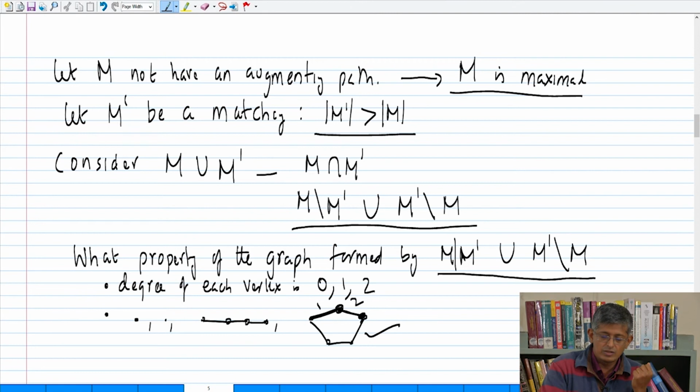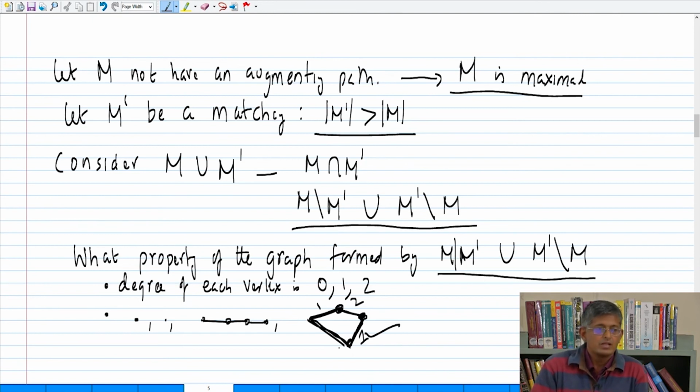So, this vertex is matched to this vertex by this edge in the first matching only, not in the second matching. And so on. So, how long can these cycles be? Yes, so obviously the cycles cannot be of odd length at all. If you look at every cycle, it is an even cycle.